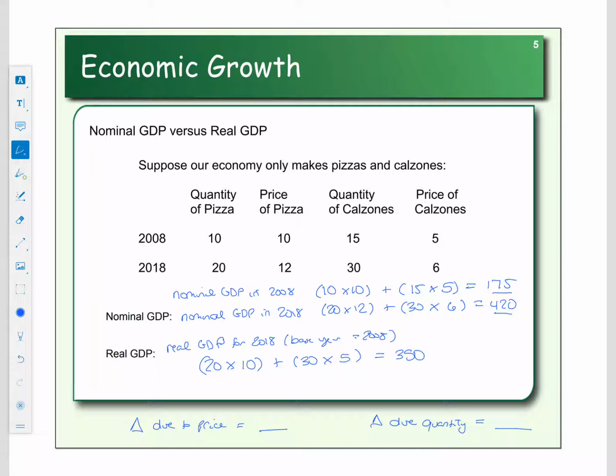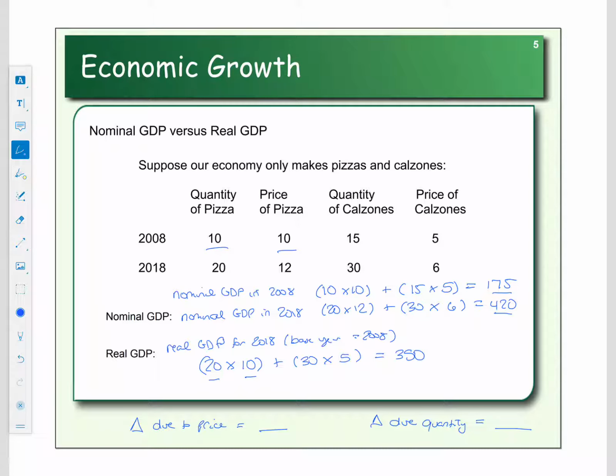Well, to figure this out, we take a look at those three calculations we've just done. So the nominal GDP in 2008 used prices from 2008 and quantities from 2008. The real GDP for 2018 used quantities from 2018 and prices from 2008. So when we look at that 350 versus the 175, the only difference in those two formulas is quantity.